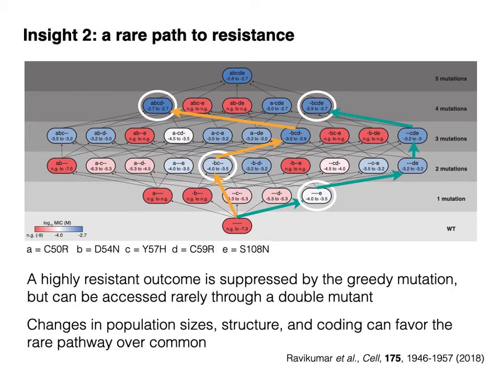The significance of this study is threefold. First, because we could run so many replicates of the DHFR resistance evolution experiment, we were able to identify rare mutational paths to resistance that would otherwise not have been observed.